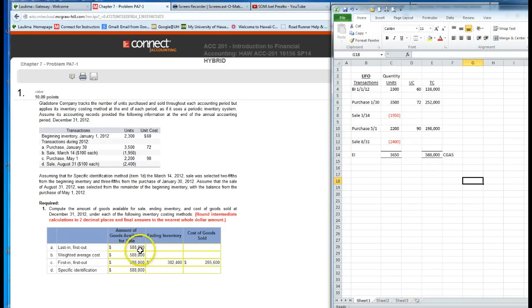Now, this is the same amount that we've already put in here from today. And again, we get this amount by taking our beginning inventory and adding the amounts of our two purchases. So what we had plus what we bought gives us the total that we have available to sell.